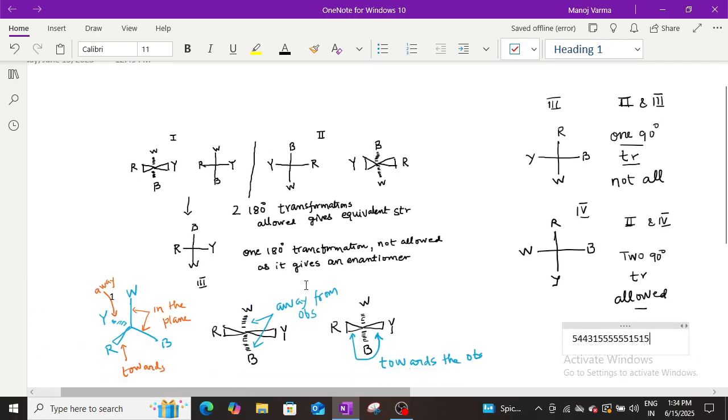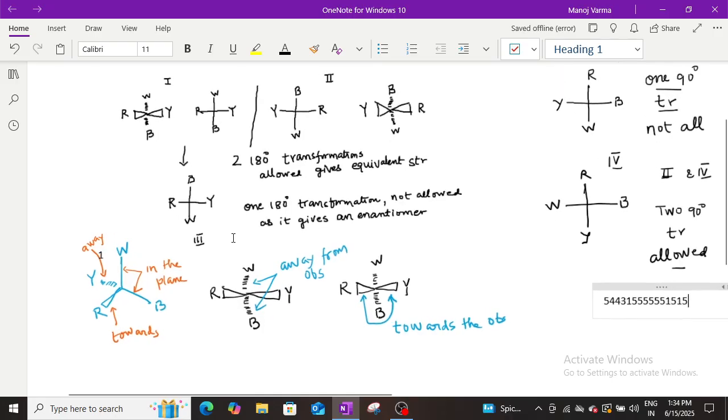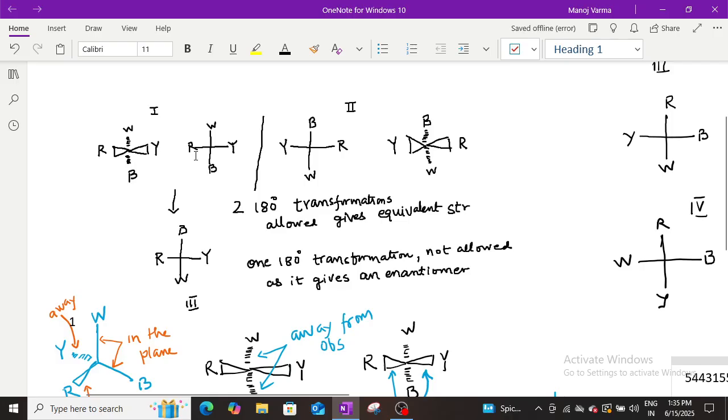So actually, if you compare structures 1 and 3, you will find that the red and yellow are occupying the same positions, and there has been one 180-degree transformation between the white and the black.